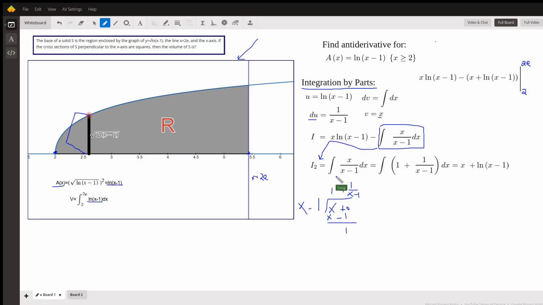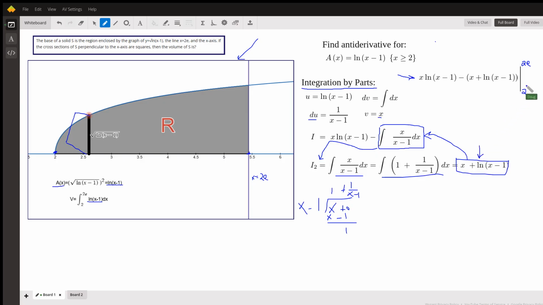So finding this antiderivative is the same as finding this antiderivative. And that's x plus ln of x minus 1. And so if we take this and plug it into here, there's your antiderivative right there. x ln of x minus 1 minus this guy.